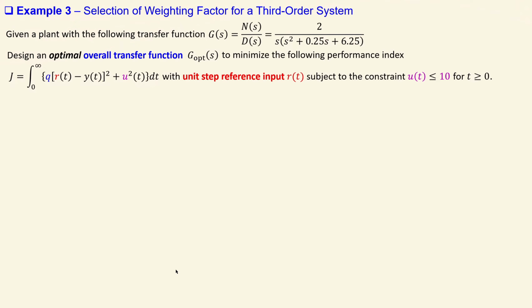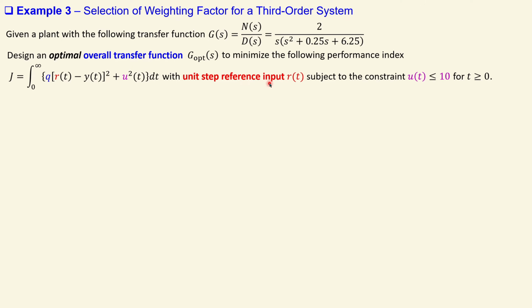Now let's also look at an example for the selection of the weighting factors of a third order system. This is our plant, given in the general form n over d, but this is a third order system, 2 over s times s squared plus 0.25s plus 6.25. We need to design an optimal overall transfer function to minimize the following performance index given here.